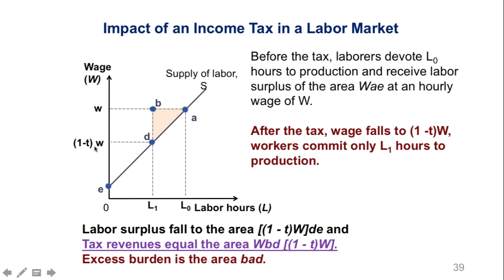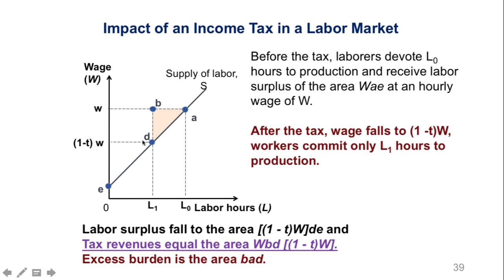But by imposing the tax, the producers' surplus decreased. Then the labor surplus falls to the area of (1 minus T)W-D-E. That's all the surplus the suppliers of the labor get.